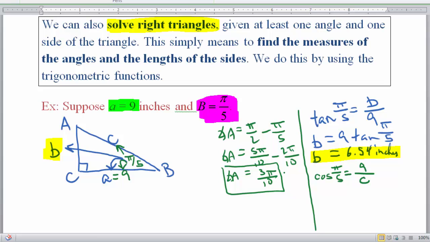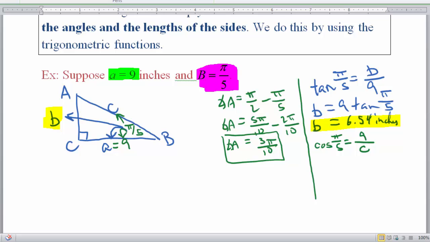Okay, now this one is slightly different than the first one, because in this one, if I cross multiply, the 9 is just multiplied by 1, so 9 times 1 is 9, and then I have c times the cosine of pi over 5. But again, realize that the cosine of pi over 5 is just a number, right? It's just a value that I can divide by.